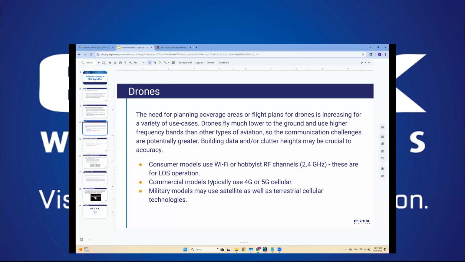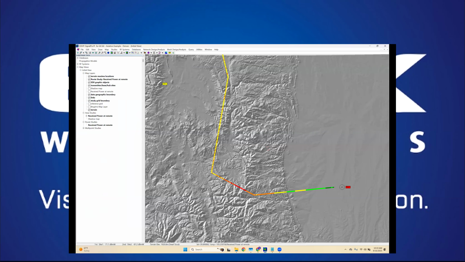That would be much like doing coverage for a terrestrial project where I might go in and use the Wi-Fi module, set up the specifics of the Wi-Fi technology that I'm using in my drones.